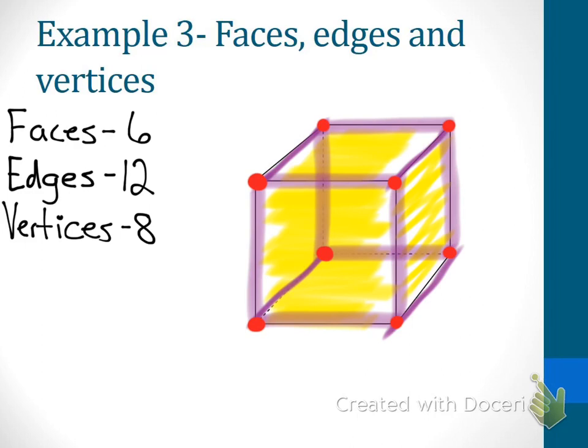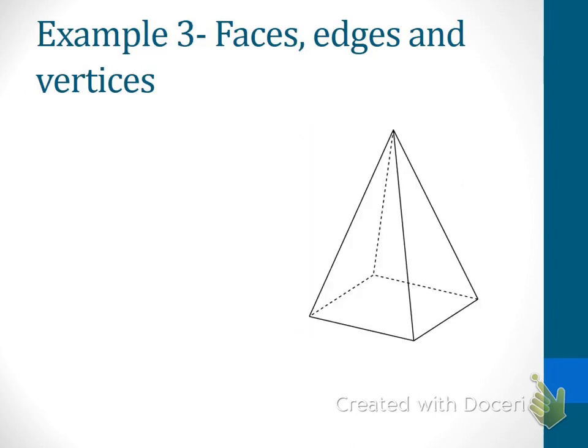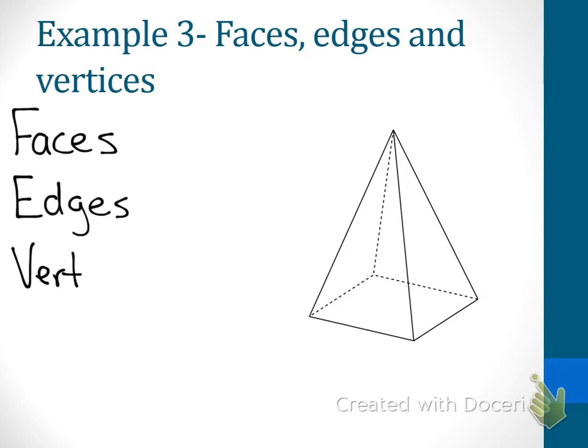So there's your vertices. Now I want you to look at this figure and tell me how many faces, how many edges, and how many vertices are in this figure? How many faces?